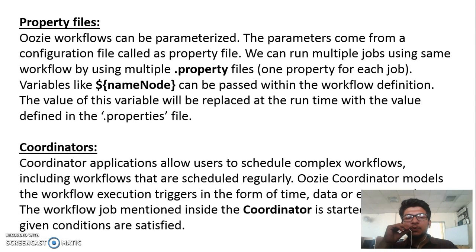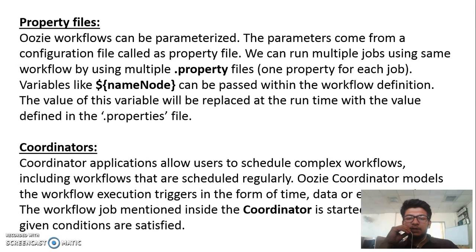Then what we do is we use the $name node variable, so that whenever that particular part is executed, that place $name node is replaced with the parameter from the .properties file. Then the next component that we are going to learn is the coordinators.